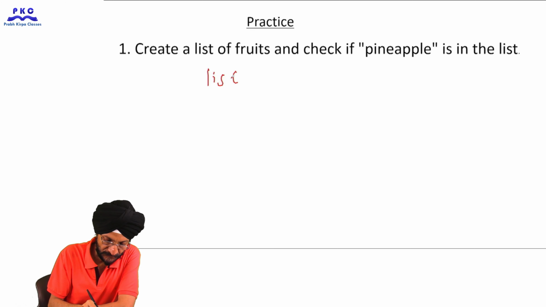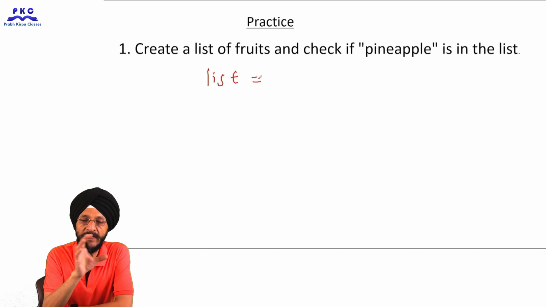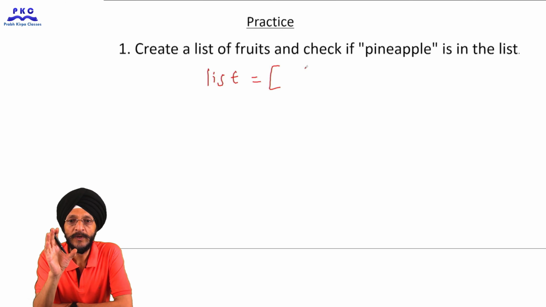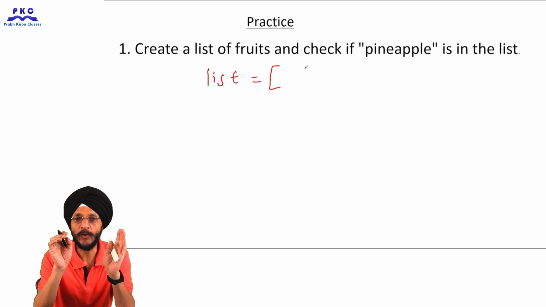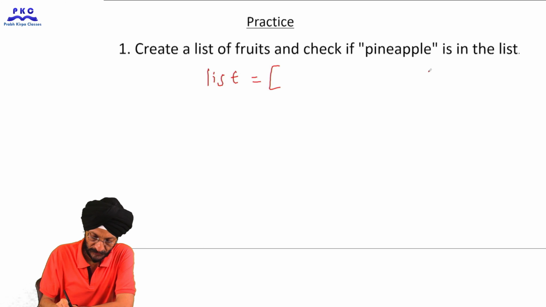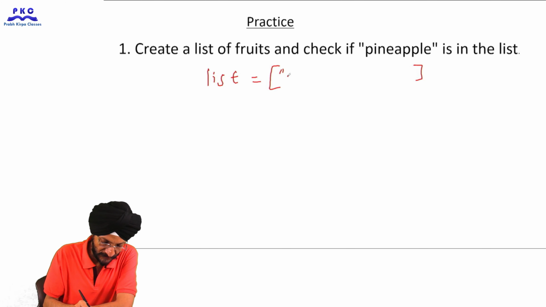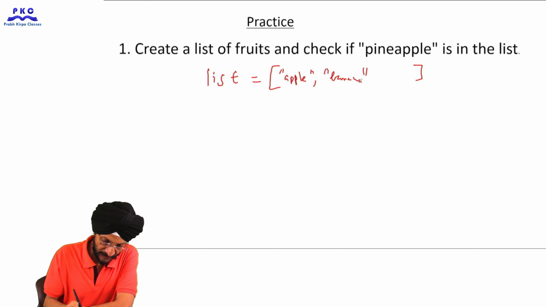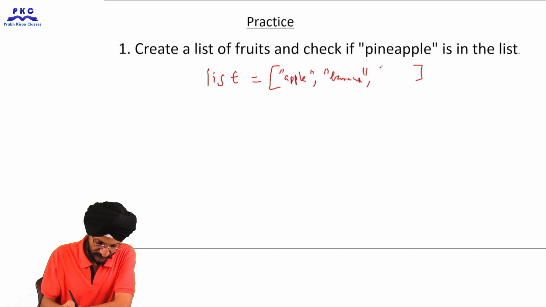This is the variable name which we have created. And in the case of a list, as already told, the information has to be enclosed in square brackets. So here we will write the names of some fruits: apple, banana and cherry.